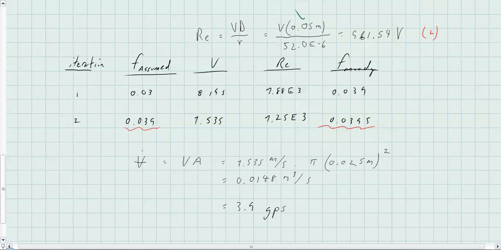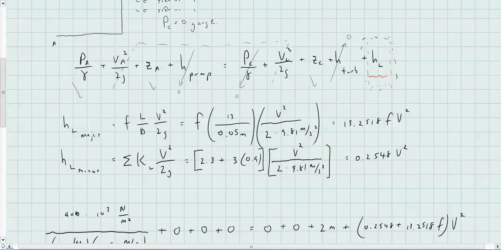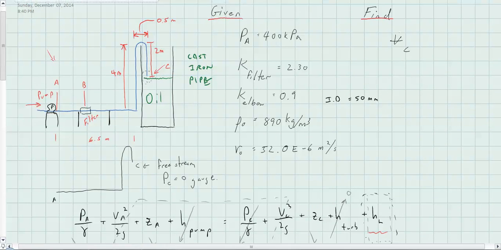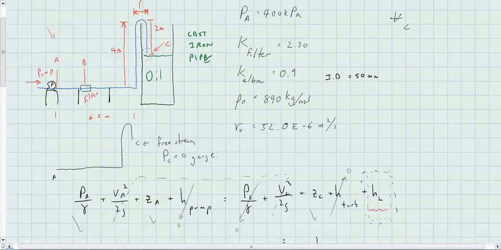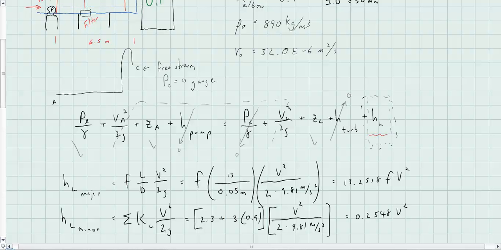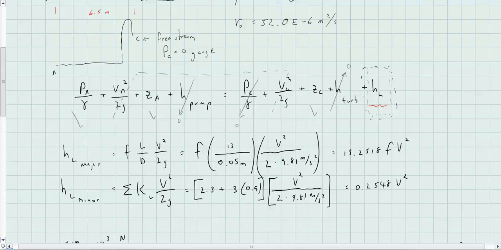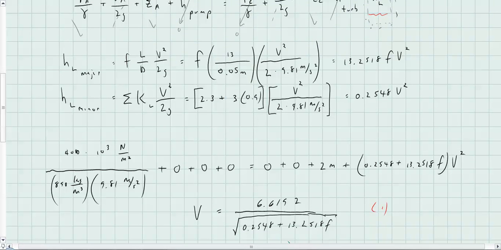In review, what did we do? We started with the clear layout. We went to an energy equation. We sought to select a control volume that helped us simplify, which does take some nuance. We then decoupled or broke down each of the elements of HL major and HL minor.